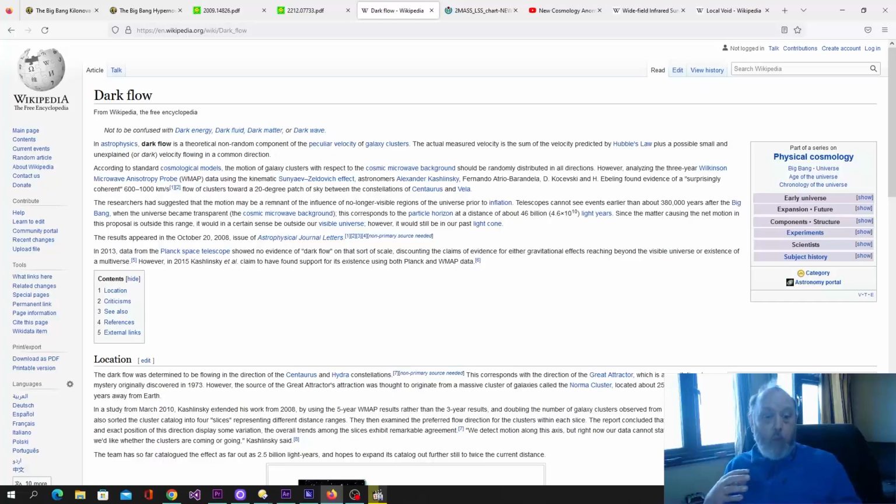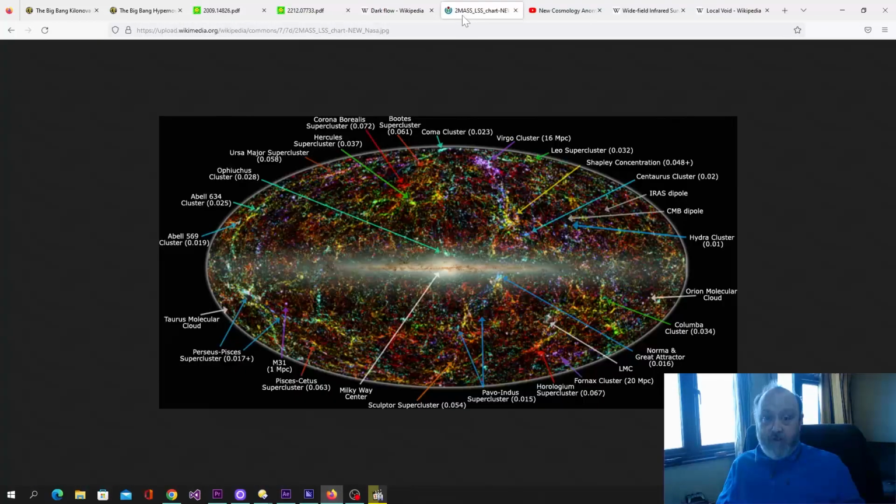One postulate says that we see ourselves moving towards the direction of Leo and Centaurus. This region generally in here is where we're seeing this general flow of galaxies.